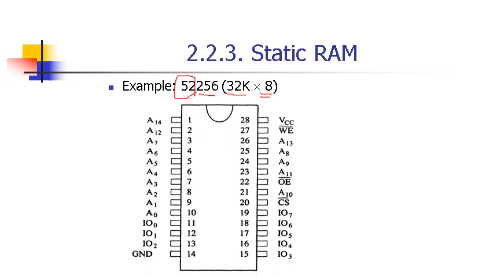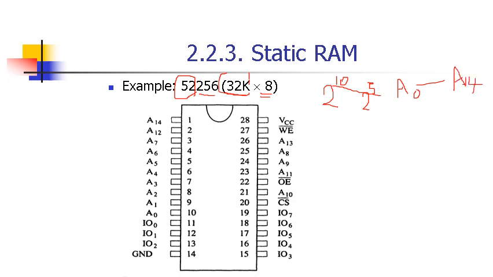Again, you have 32K memory locations, which means what? 2 to the power 10 is 1K, 2 to the power 5 is 32, so you should have 15 address pins labeled from A0 to A14.